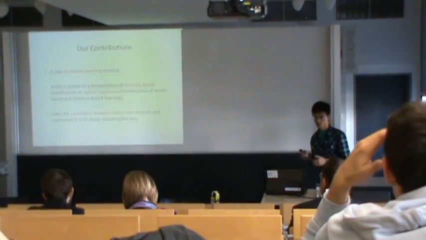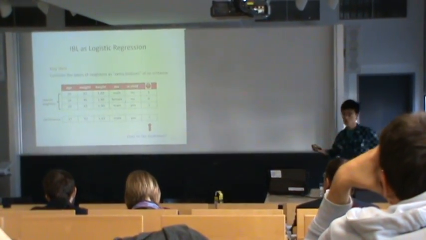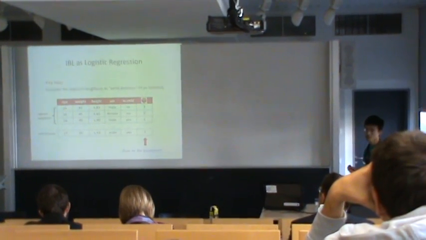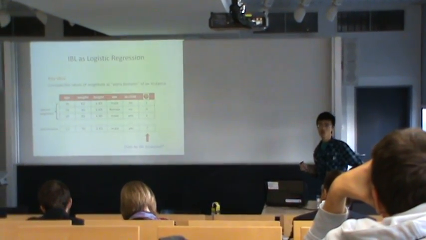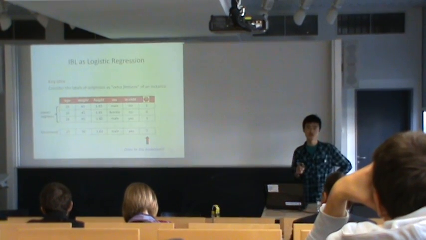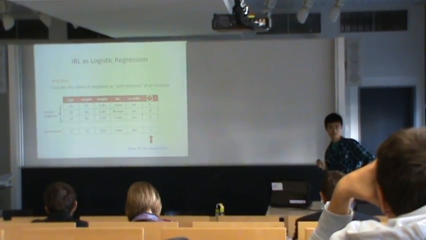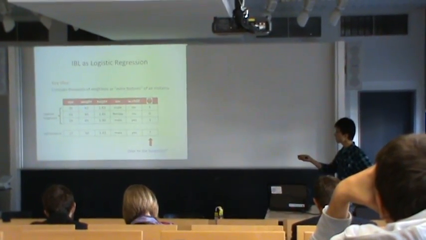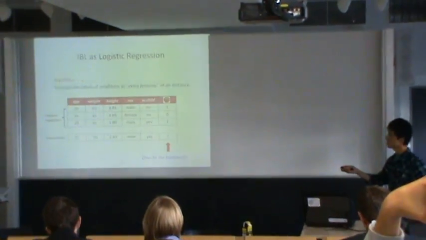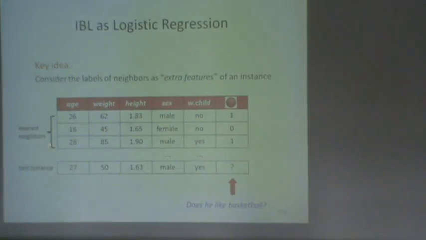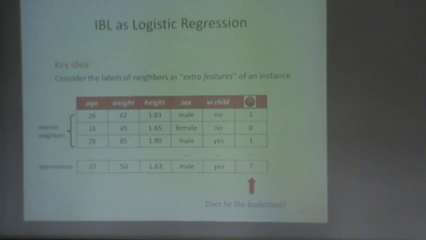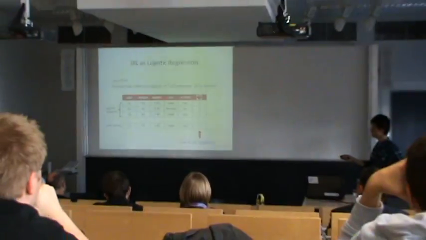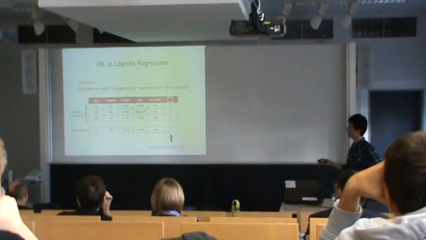Right? So let's talk about the approach. The key idea is we consider the labels of the neighbors as extra features of an instance. For example, you have a data set here, this is the test instance, and these three are the nearest neighbors of this test instance. Now the question is, does this test instance like basketball?